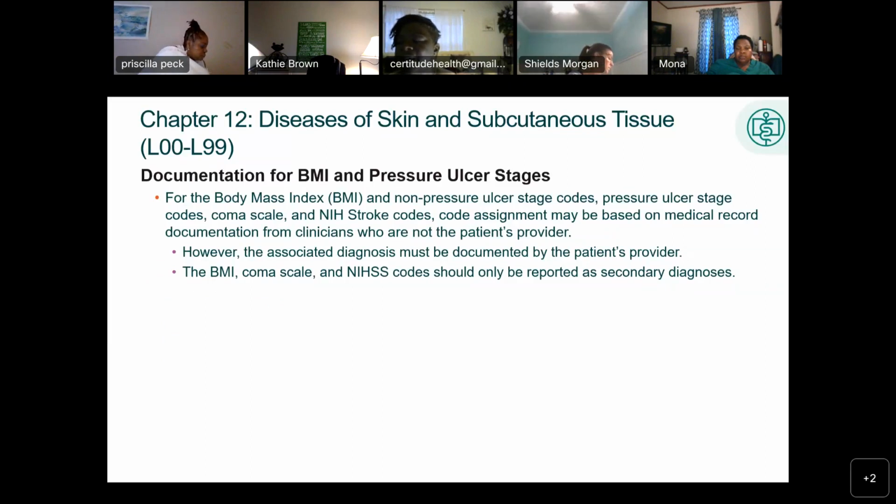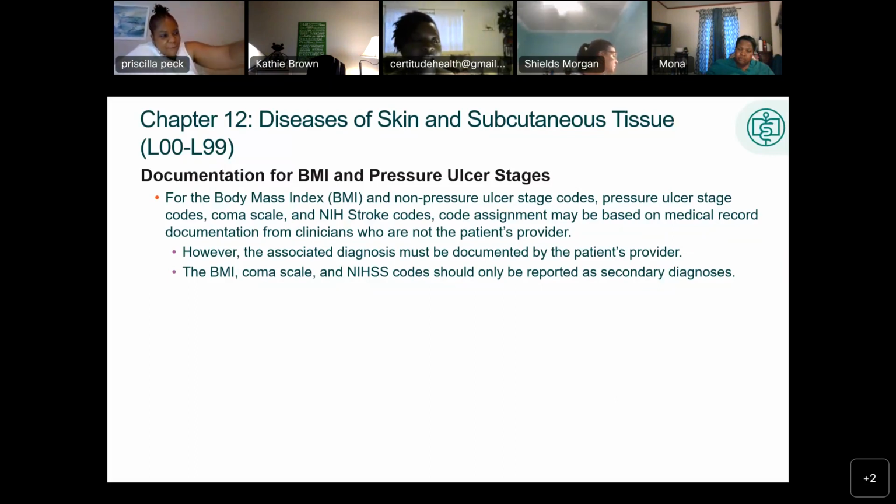But anyway, for non-pressure ulcer or pressure ulcer stage codes, the code assignment can be based on the medical record documentation from clinicians who are not the patient's provider, meaning maybe a hospitalist or a cardiologist or a nephrologist.